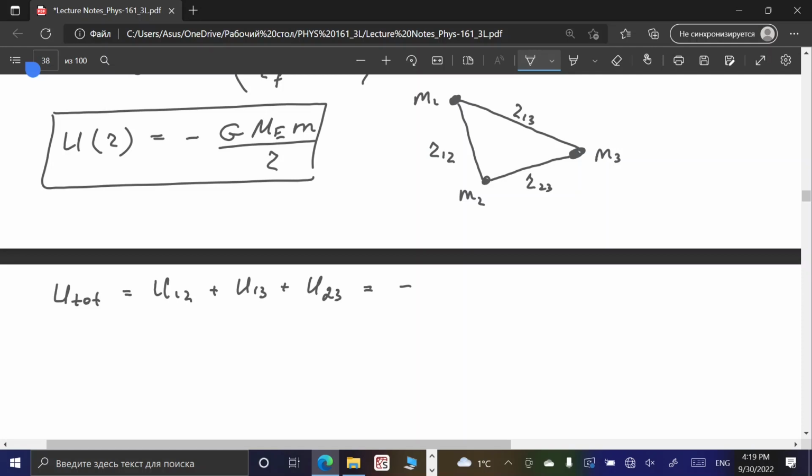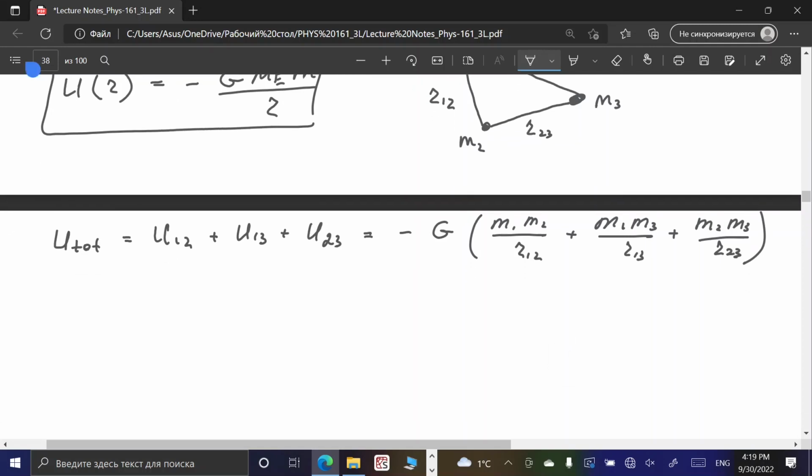That will be equal to minus G times M1 times M2 over R12 plus M1 times M3 over R13 and plus M2 times M3 over R23.